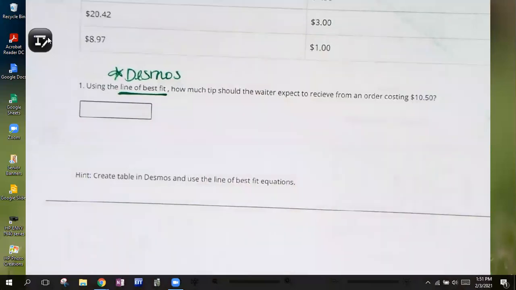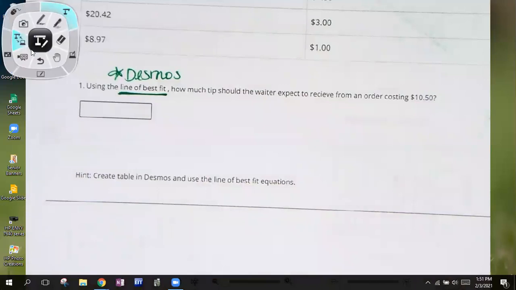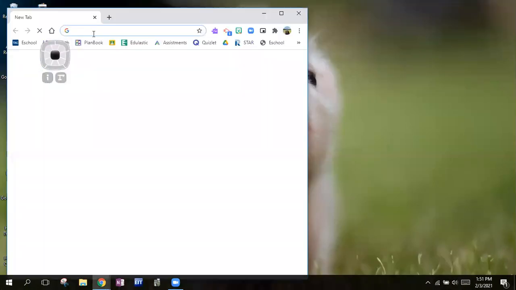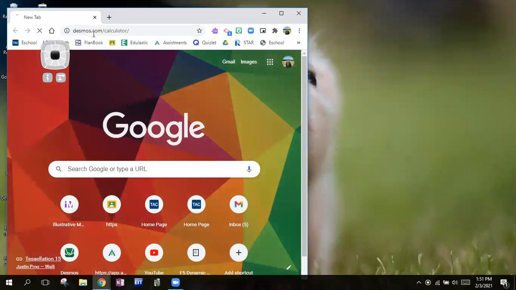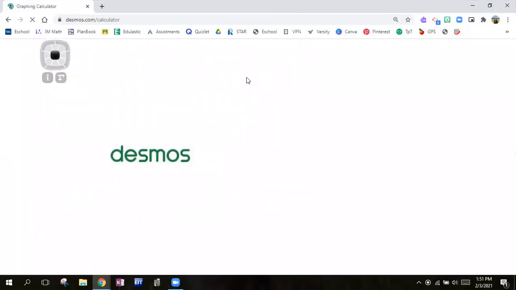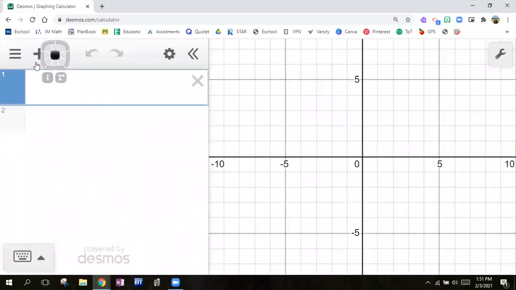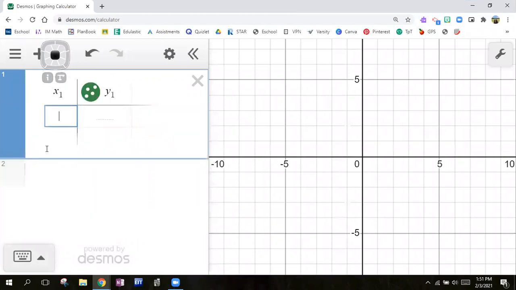Okay, so just to review, let's go and create this table in Desmos. Okay, I'm going to create a table.